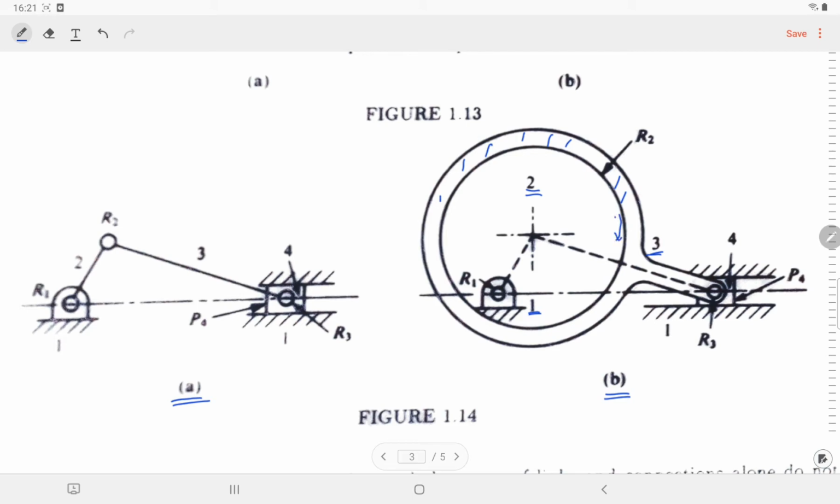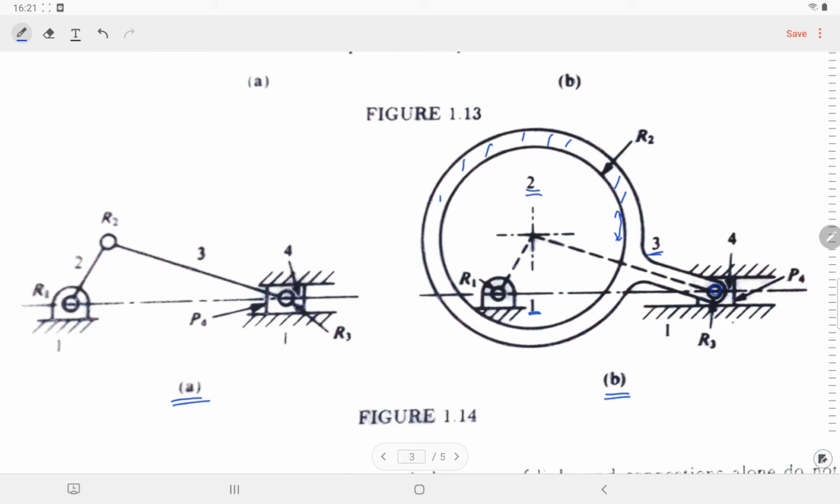So maybe we can treat that like a revolute pair. And then link 3 and link 4 are connected using another revolute pair, and link 4 and link 1 are connected using a prismatic pair.